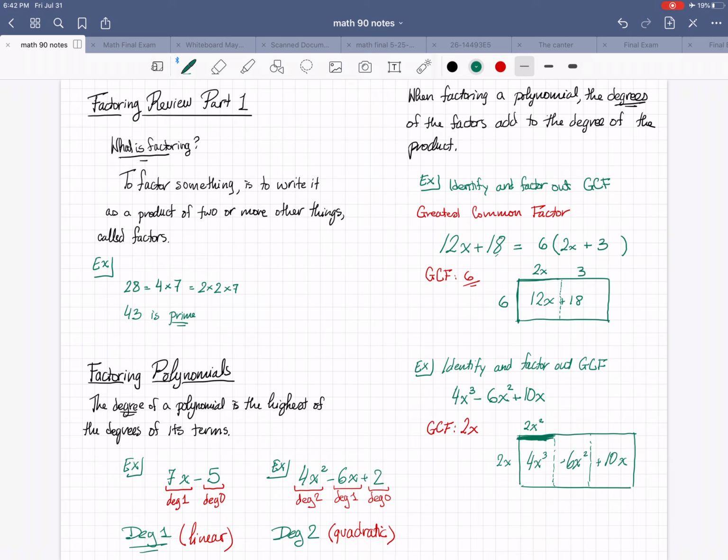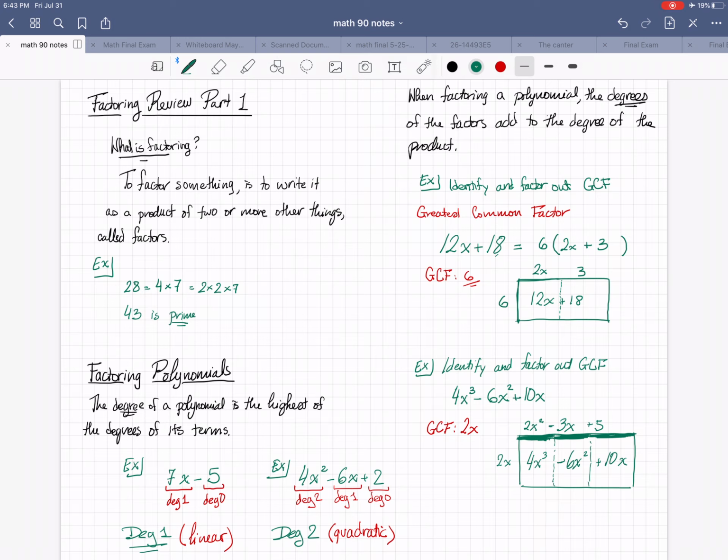Now by that same token, 2x times what would make negative 6x squared? So that's minus 3x. And then last but not least, 2x times what would make 10x? Well, that's just 5. Okay, so notice that we are being careful about signs.